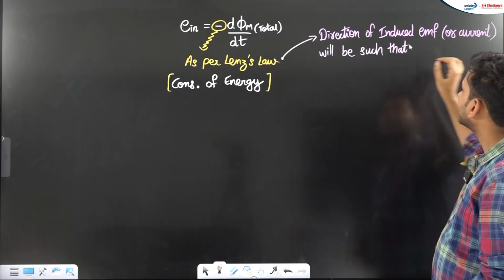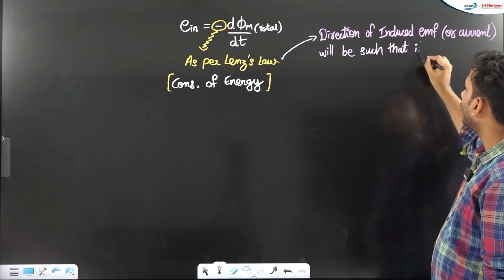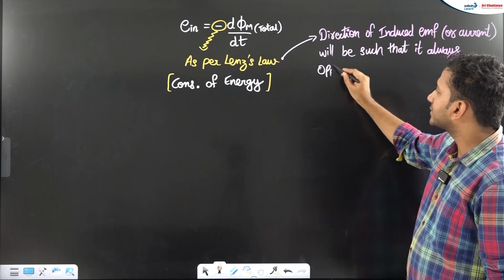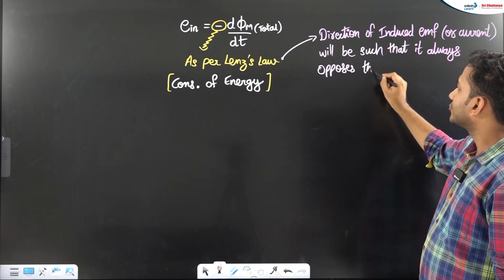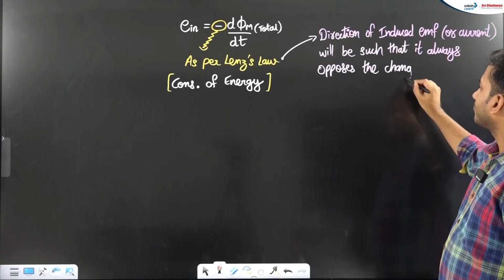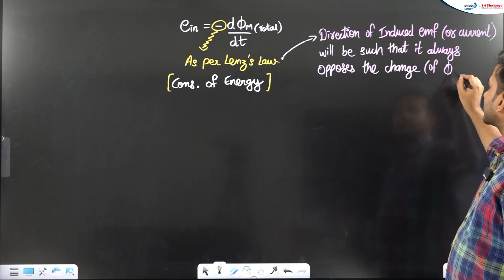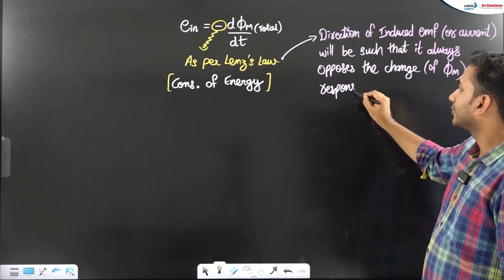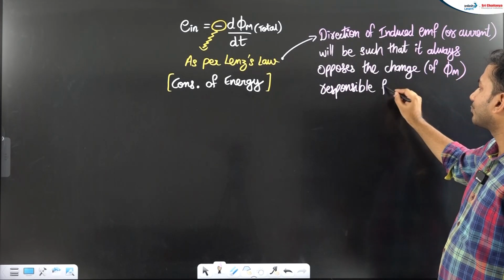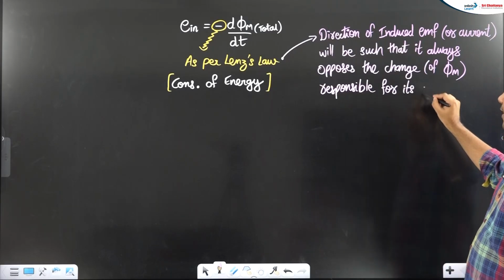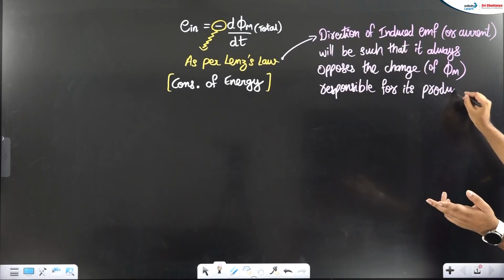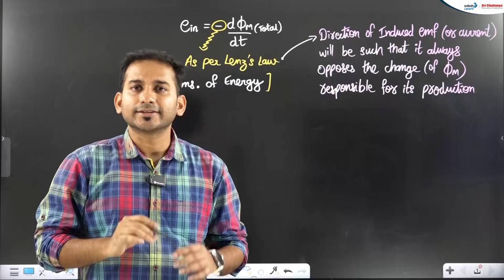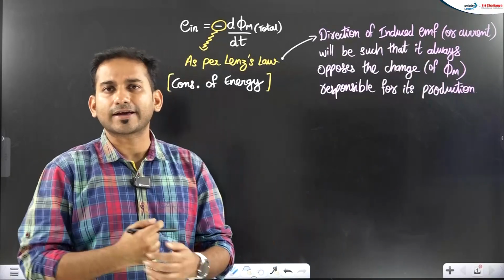So the direction of induced EMF or current will be such that it always opposes the change of magnetic flux which is responsible for its production. I'll repeat my words. If there is no change in the magnetic flux, then there will be no induction, no electromagnetic induction.